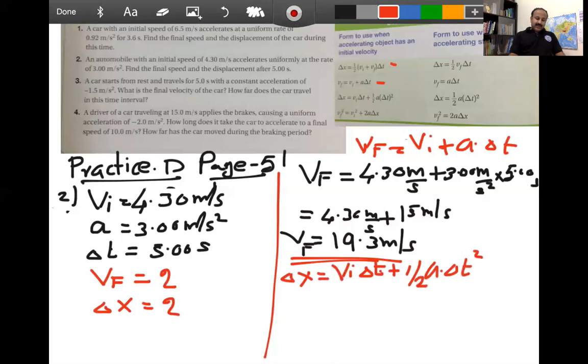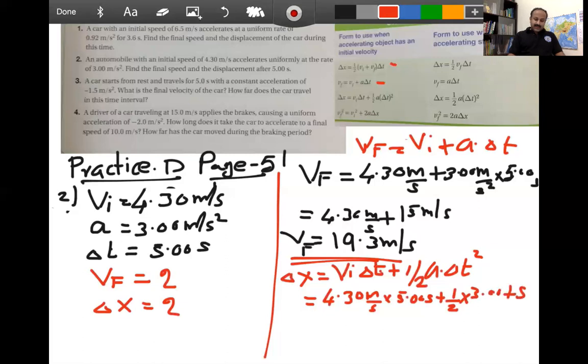Okay, so that's going to be Vi is equal to 4.30 meter per second times delta t is how much? 5 seconds plus half into acceleration is how much? 3 times delta t square.